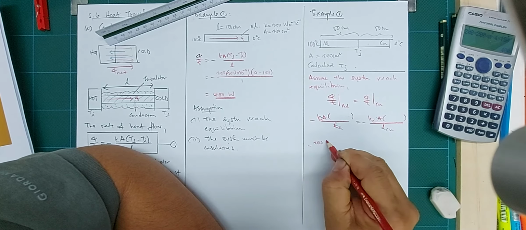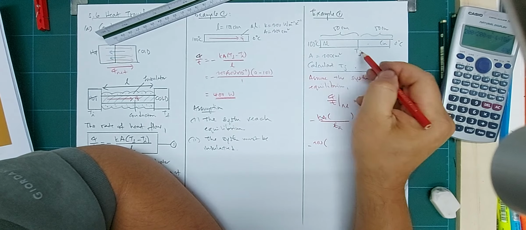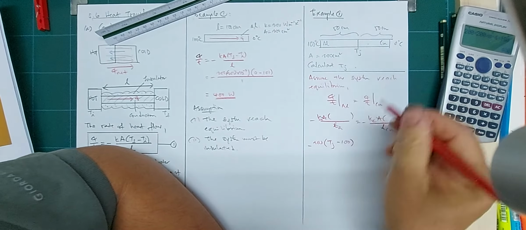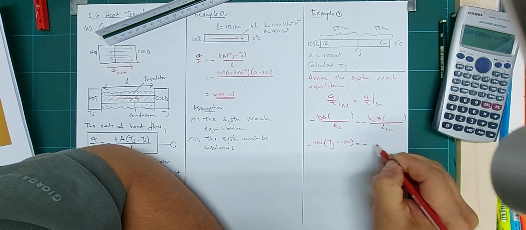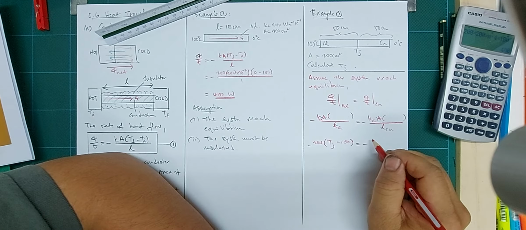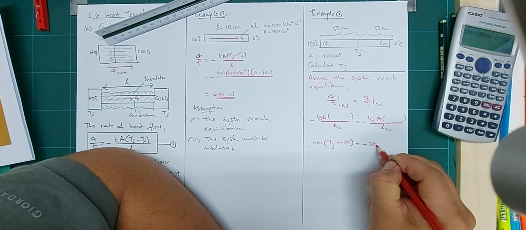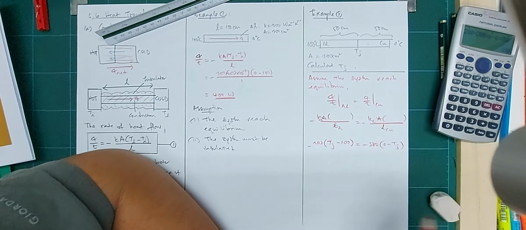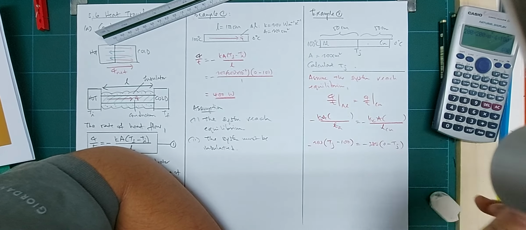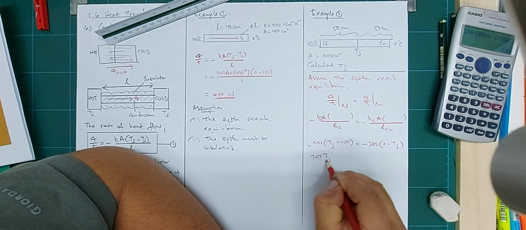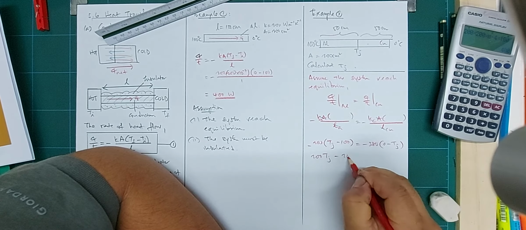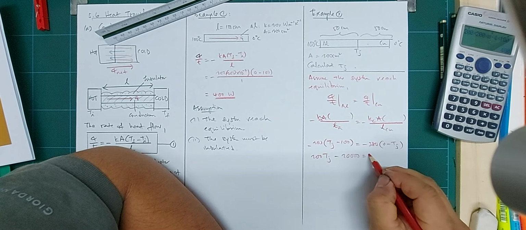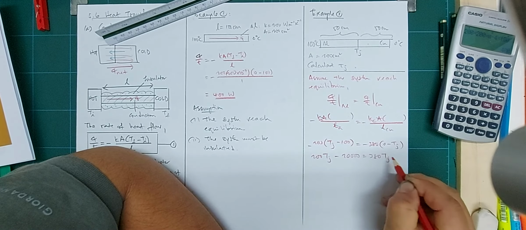And then the change in temperature for aluminum is what? Tj minus 100, and that is equal to negative, for copper, just now copper is 380, and then the change in temperature 0 minus Tj. Now drop the negative sign. Now we have 200 Tj minus 20,000, and this is equal to negative 380 Tj.